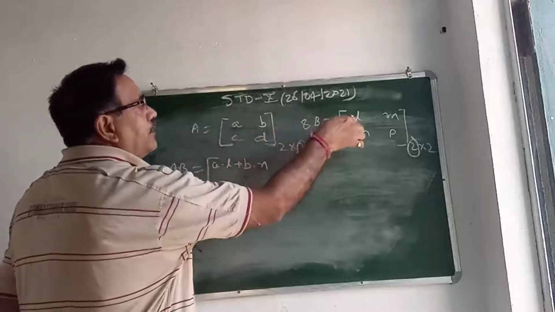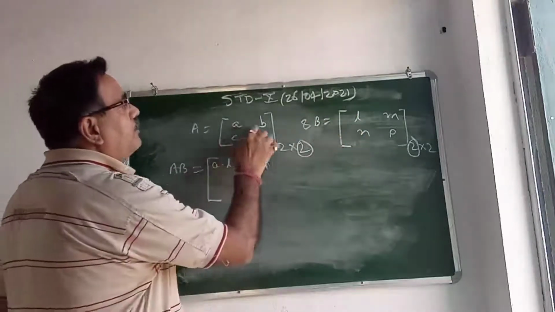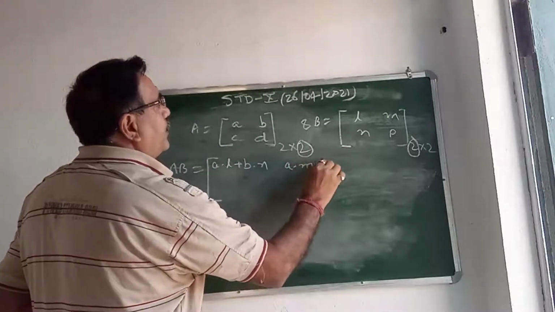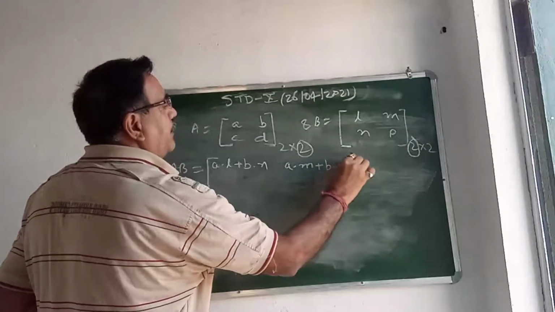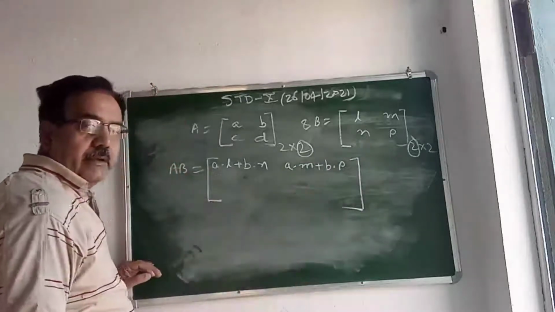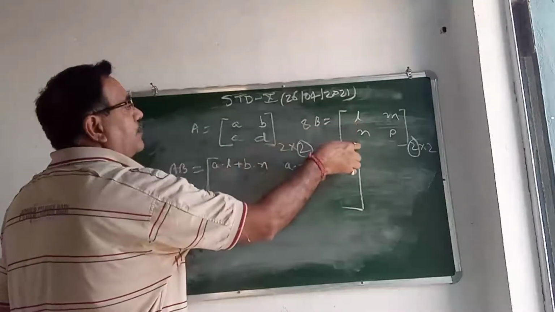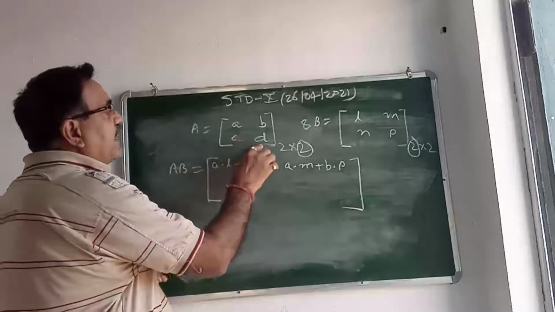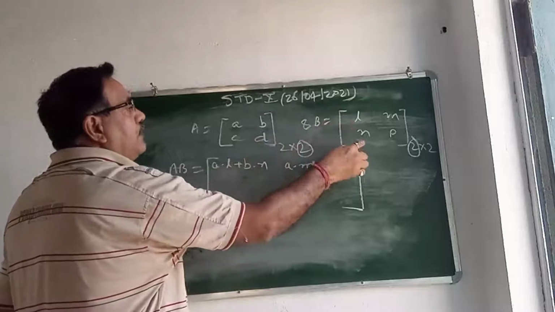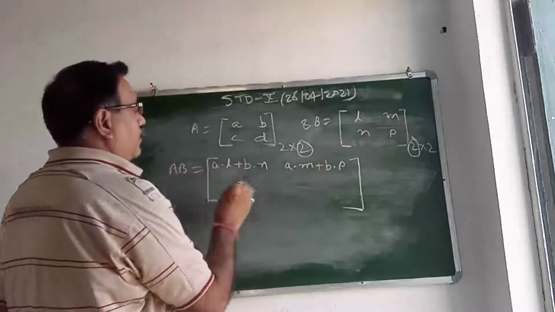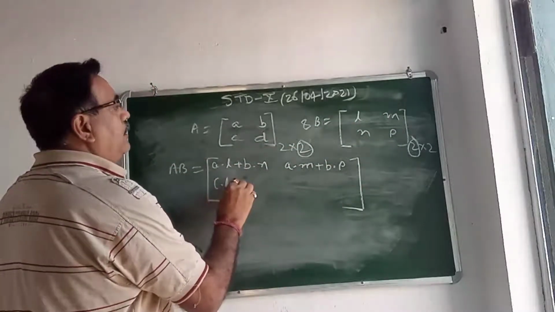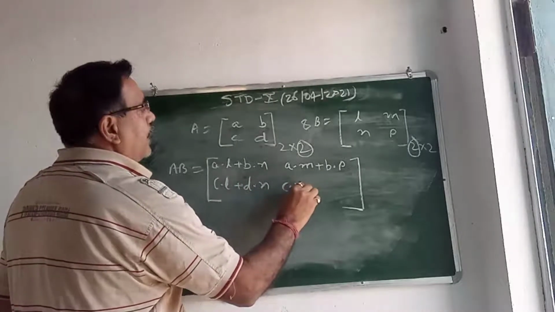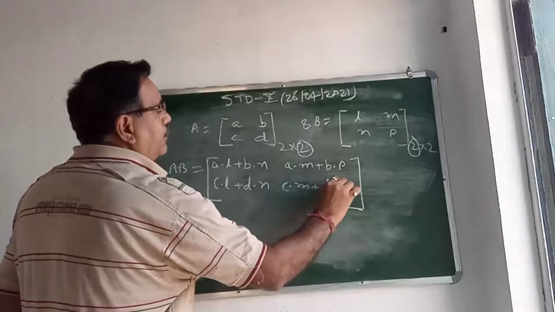First row multiplied with the first column. Similarly, first row multiplied with the second column: A into M plus B into P. Now second row multiplied with the first column, second row multiplied with the second column: C into L plus D into N, and C into M plus D into P.